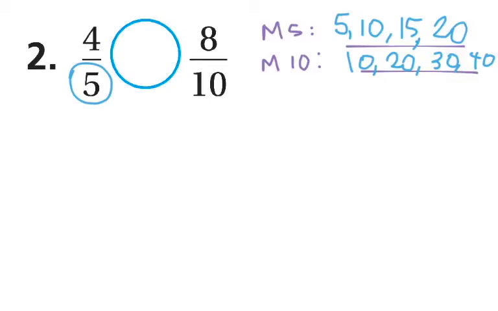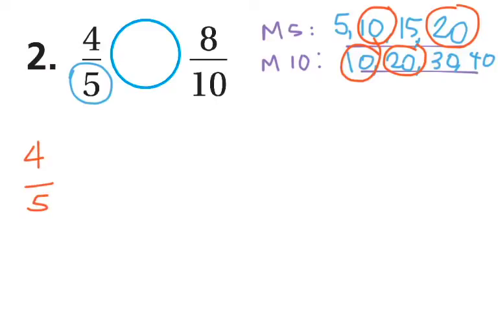Now I see that both 5 and 10 have 20 in common. They also have 10 in common. I am just interested in using the least common multiple, so I'm going to get both fractions to have a denominator of 10. So 4/5 is going to be equivalent to some number of tenths, and 8/10 already has a denominator of 10, so I don't need to change that one.